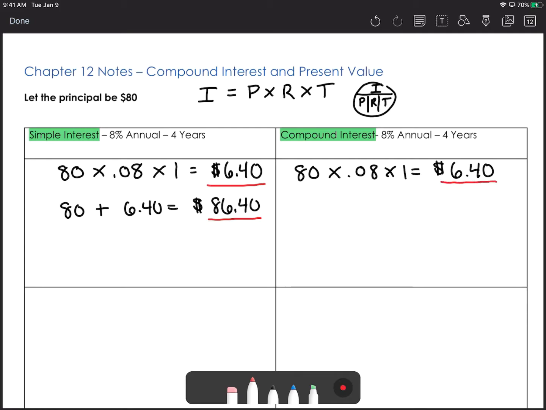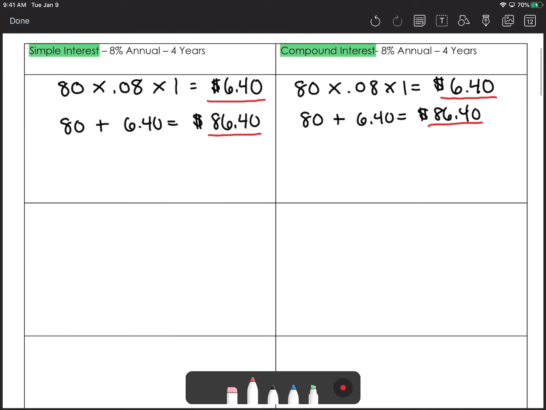We're not going to start seeing differences until the second year. So the interest is going to be $6.40. And then when I add in what I already have in the account, which is $80, I'm going to get $86.40. So in both accounts, at the end of the first year, we're going to have $86.40.